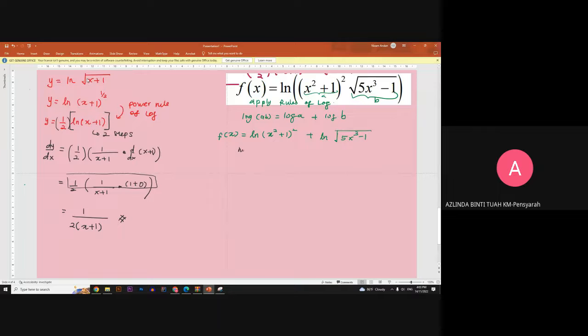Okay, now apply the power rule of log on this part and this part.